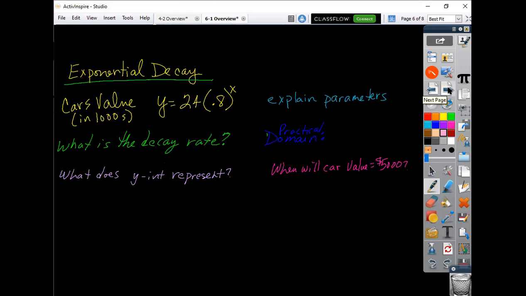What about an exponential decay problem? So one thing that's kind of interesting on these, I think, is the 0.8. So you're multiplying by 0.8 every time. That's like 80%. But that's not the amount you're losing. And in decay problems, usually the decay refers to how much you're losing.